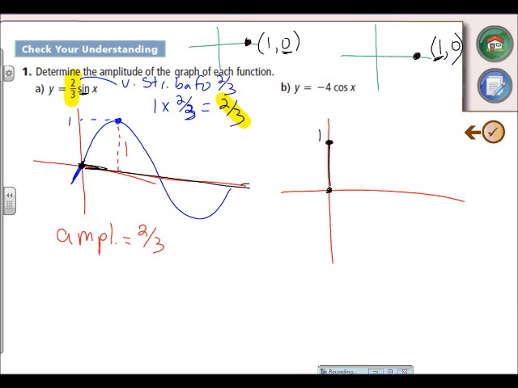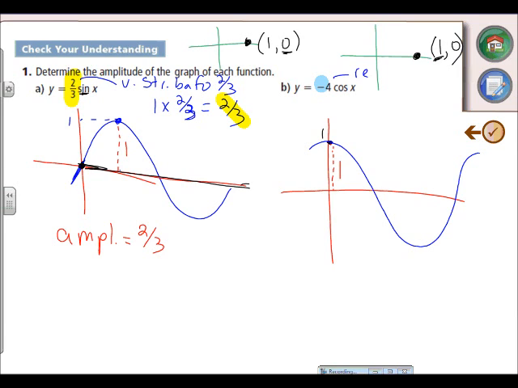It starts there at 1. And then from there, we graph. So that's what cosine regularly looks like, and then extends on the other way. So our amplitude, again, is 1 from the midline.